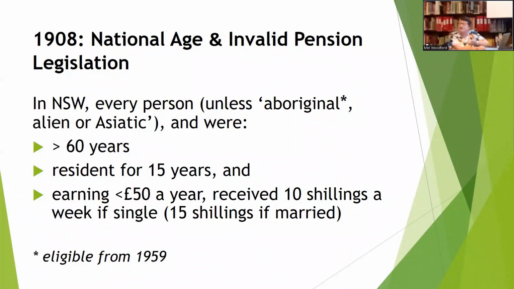They couldn't prove that they were over 60. And also they had to apply to the policeman or the local magistrate. So I think you can see there were real barriers for Aboriginal people to actually apply for the pension. So certainly not everybody in 1908 got the pension if they really were eligible for it.